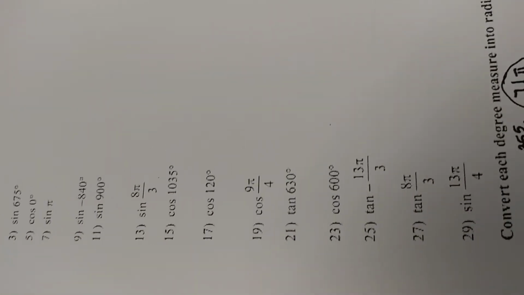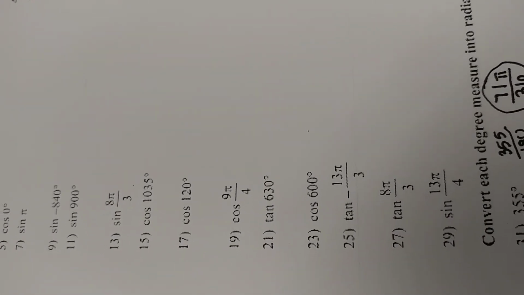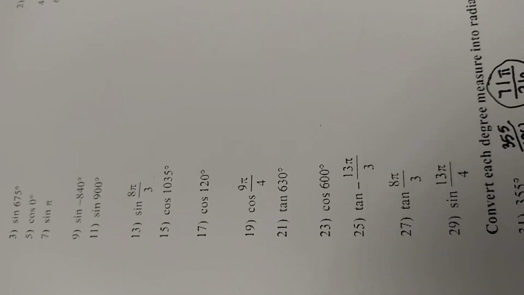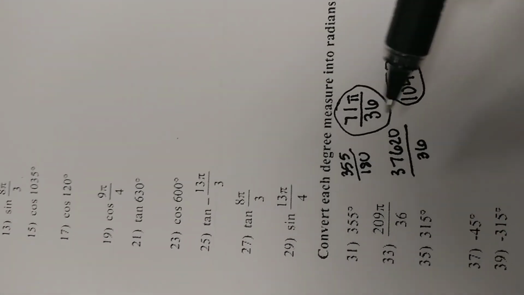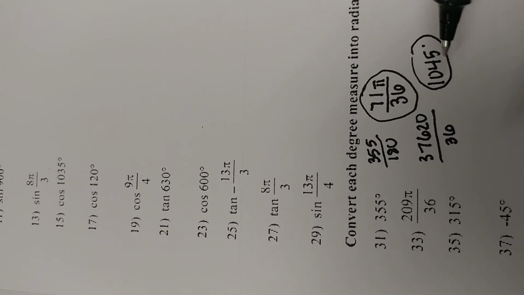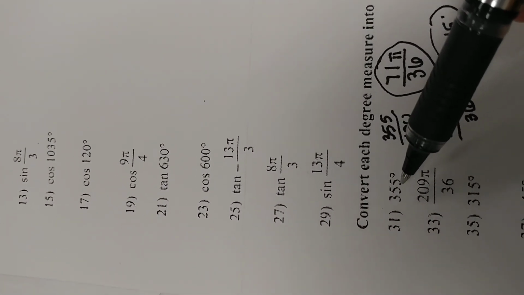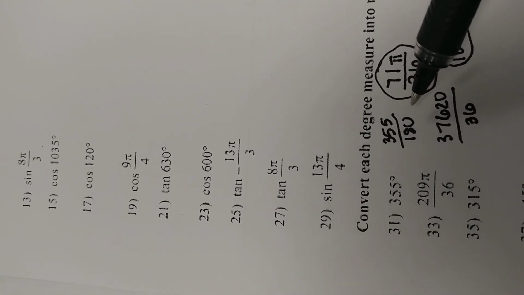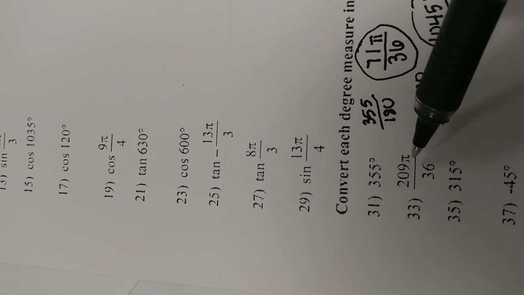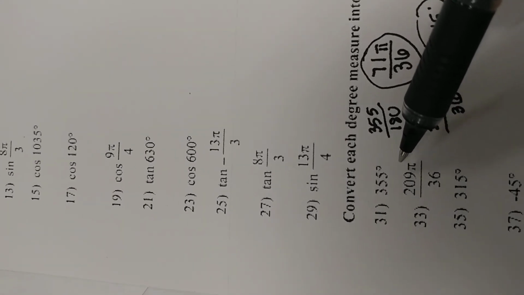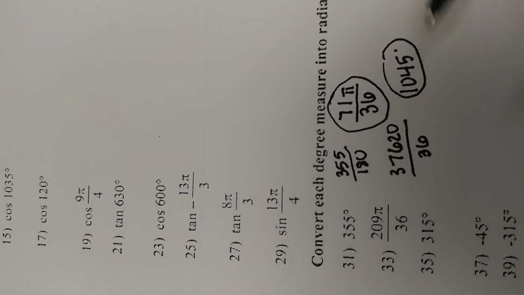It's a very large number at 37,620. Carry your 36 over, so you're going to divide by that 36. You get an angle measurement of 1,045 degrees. That is going to help you save some time for those of you who are getting the pi's mixed up. If you were given a degree, put it over 180, reduce, put pi on top. If you're given a radian, multiply the top by 180, drop the pi, divide by the bottom. That's going to save y'all some time.